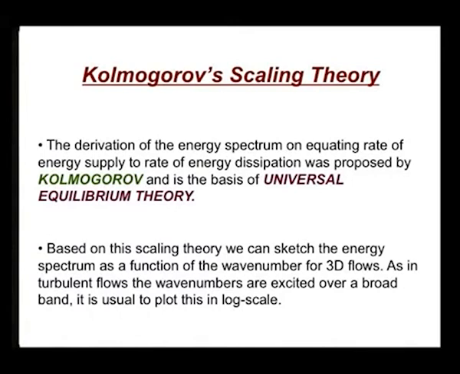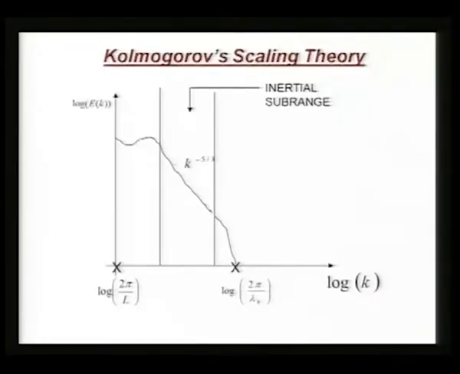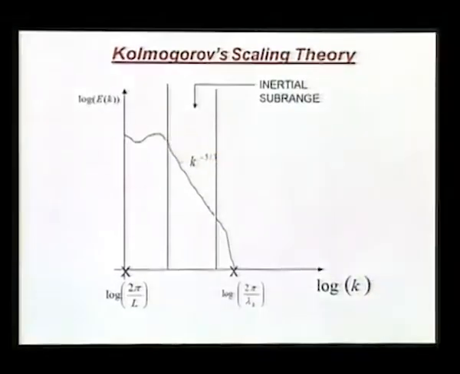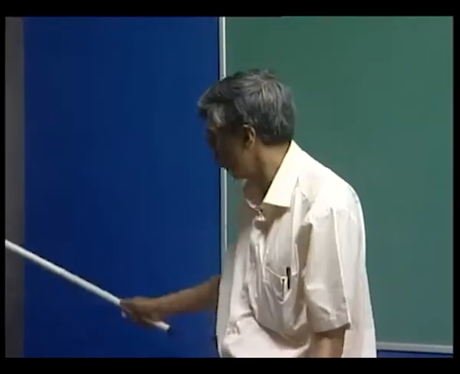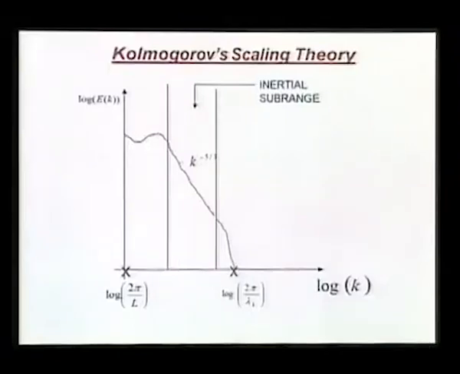So, basically this broad band is also quite important, because we are going to plot it like this in a log scale. That is the way we are going to plot the energy spectrum in a log plot. Energy also spans many decades, and so does the wave number.